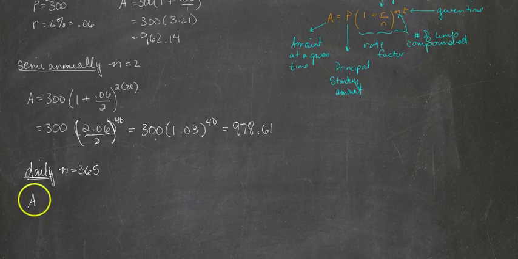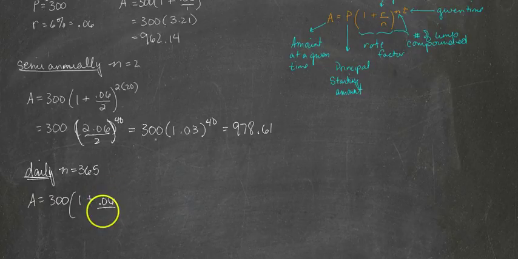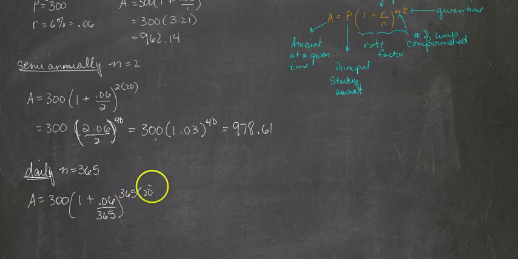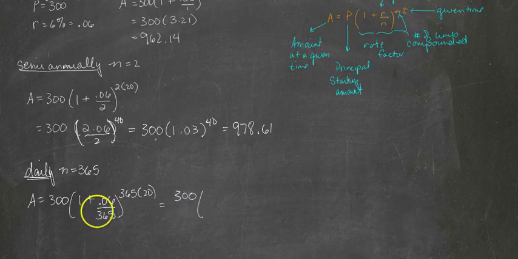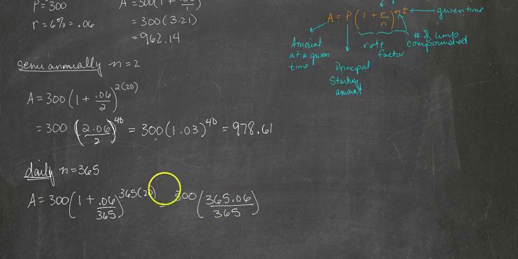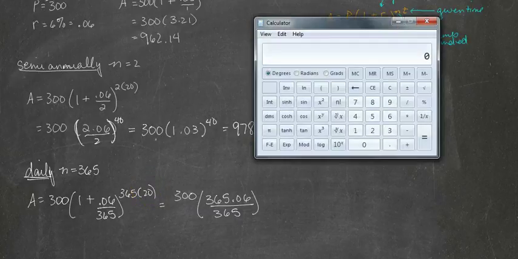And same formula, A equals 300 times 1 plus 0.06 divided by 365 raised to the 365 times 20. So let's put that on the calculator.